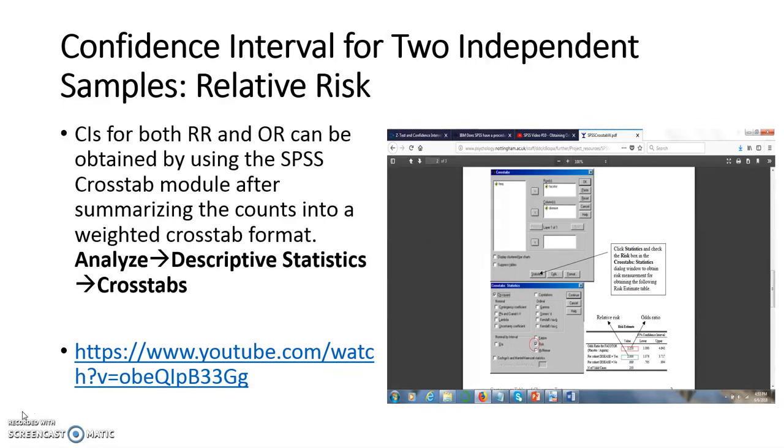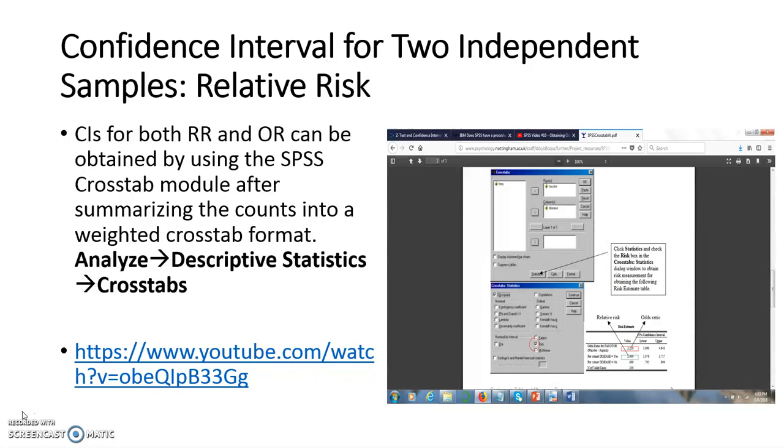Confidence intervals for both relative risk and OR can be obtained by using the SPSS crosstab module after summarizing the counts into a weighted crosstab format. So you can use Analyze, Descriptive Statistics, and Crosstab, and then the data must be put in crosstab format.